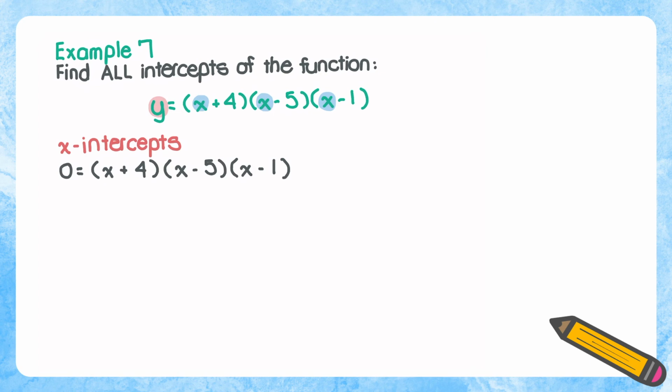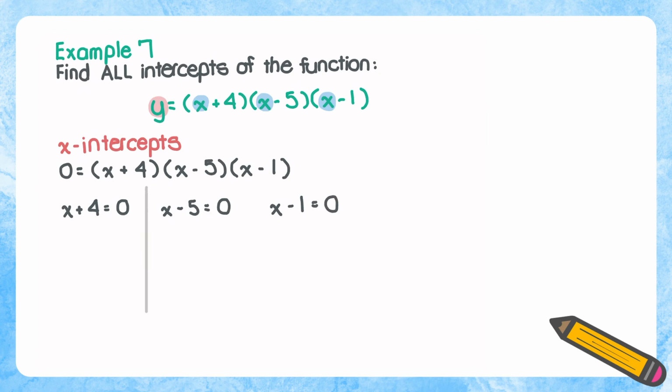And notice since it's already factored, here we can actually just go straight into using the zero product property. We have 3 options here. x plus 4 equals 0, x minus 5 equals 0, or x minus 1 equals 0.